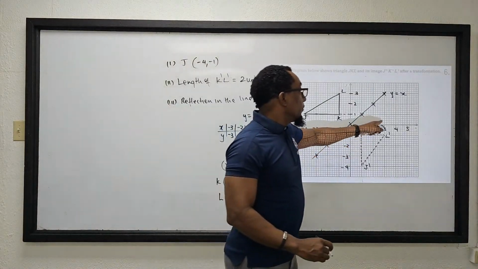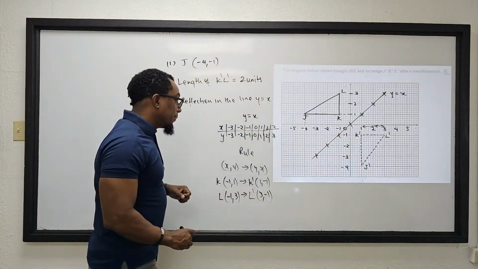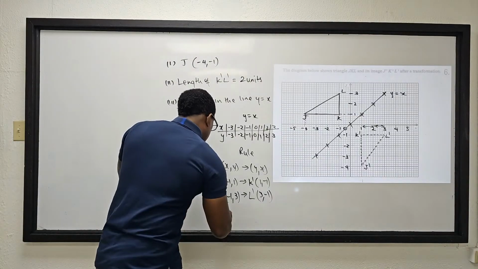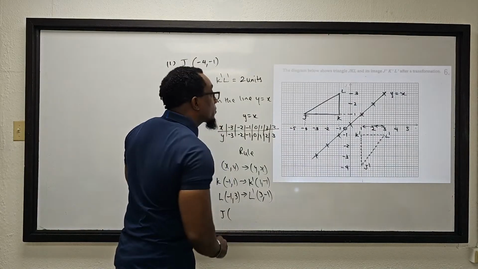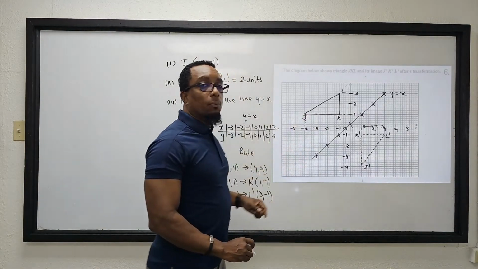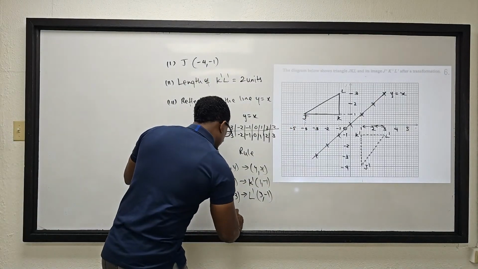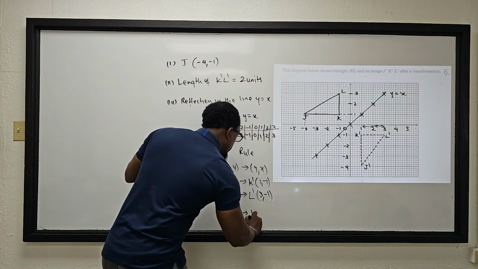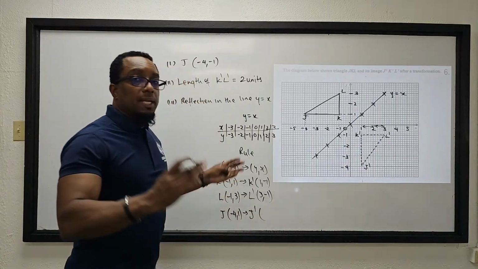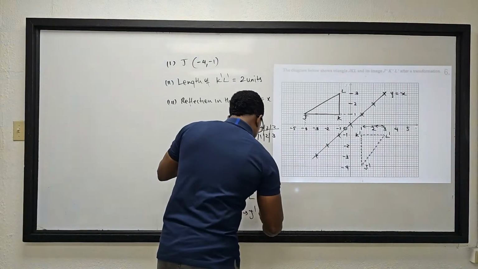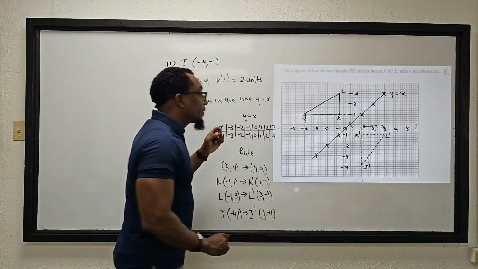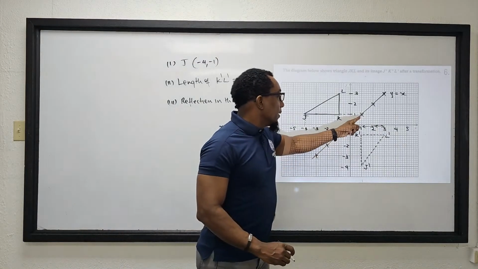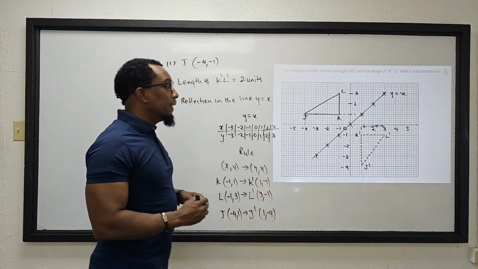Let's check. 3, negative 1 gives us L prime. Likewise, J, whose coordinates are negative 4, 1. If I switch them, J prime will be 1, negative 4. If I plot it, I see 1, negative 4 is J prime.